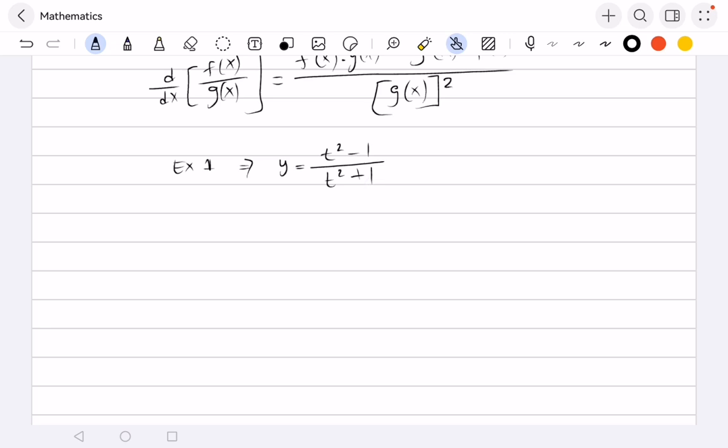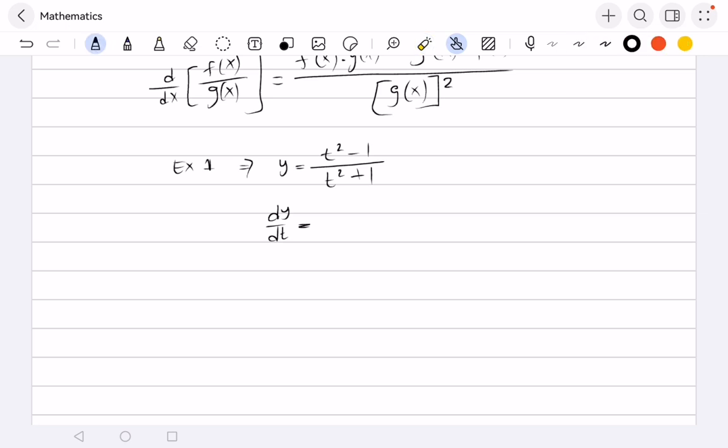Then you want the derivative of this function, right, which is to find dy over dt. We are differentiating with respect to t, right?